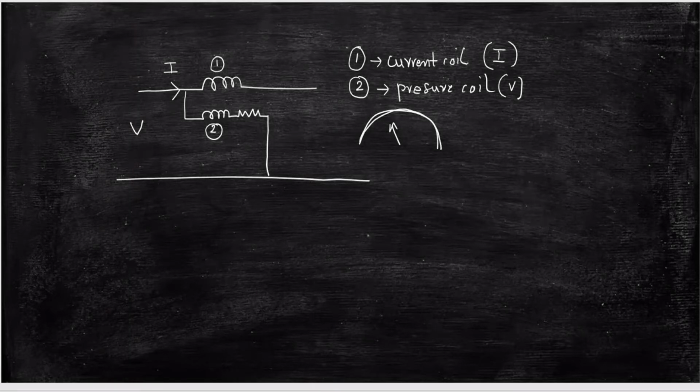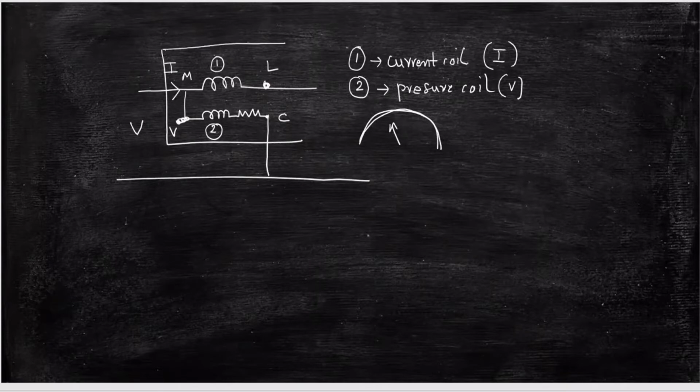When we are going to connect a wattmeter, you are going to connect four terminals: M, L, C, and V. So the wattmeter will have four terminals.